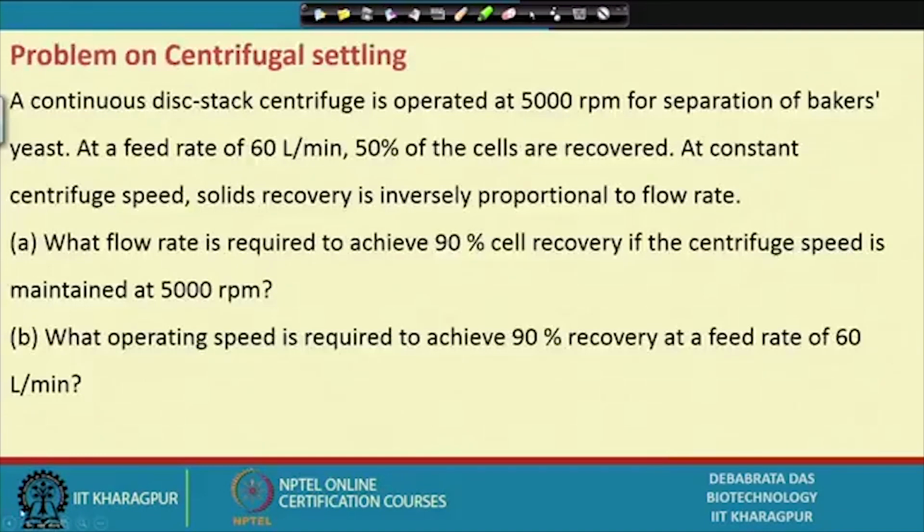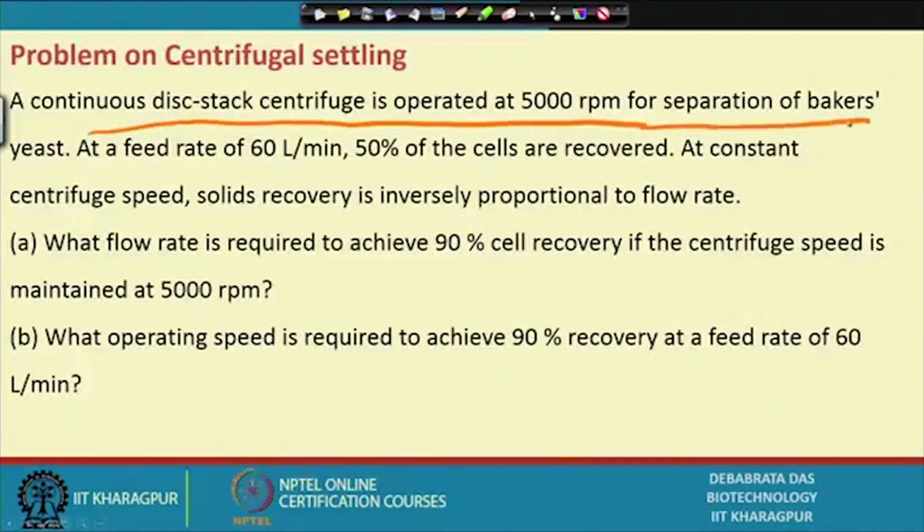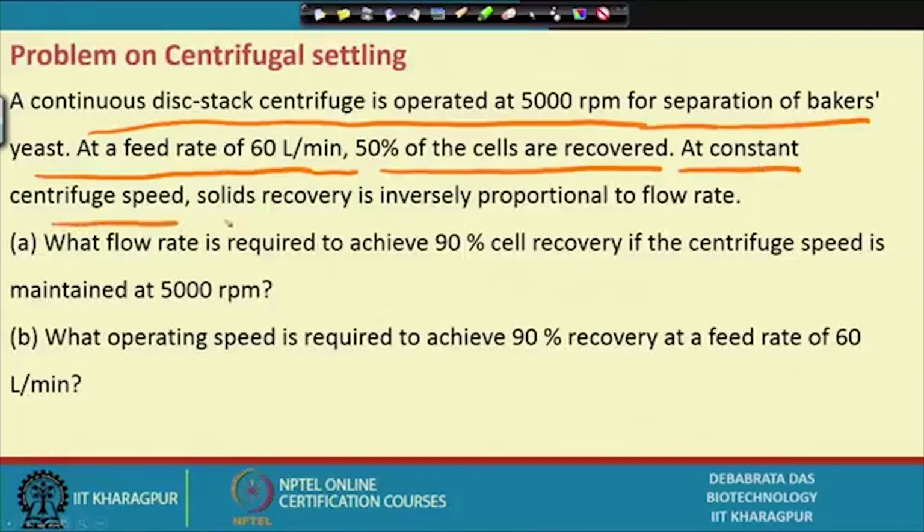Now we have a simple problem here. A continuous disc stack centrifuge is operated at 5000 rpm for separation of baker's yeast at a feed rate of 60 liters per minute. 50% of the cells were recovered. At constant centrifuge speed, that means 5000 rpm, the solid recovery is inversely proportional to the flow rate.